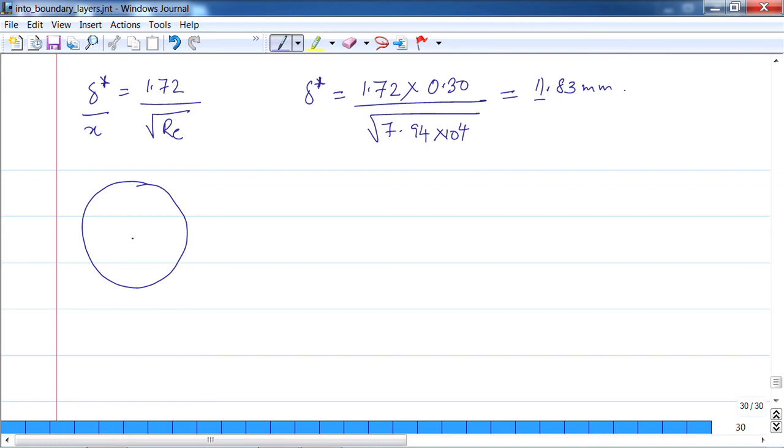This is nothing but the radius, which is given to be 15 centimeters, the diameter is 30 centimeters. So, this is the entrance to the test section.